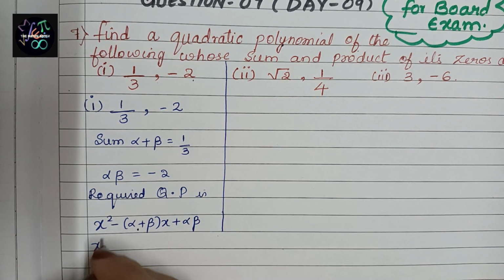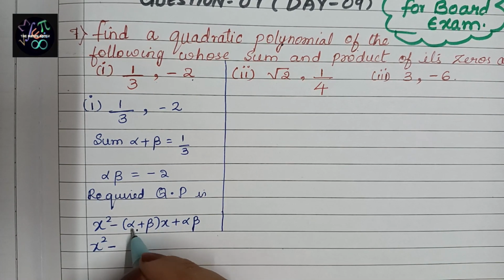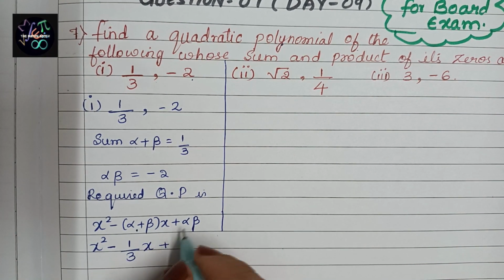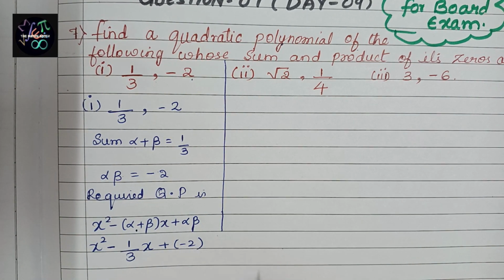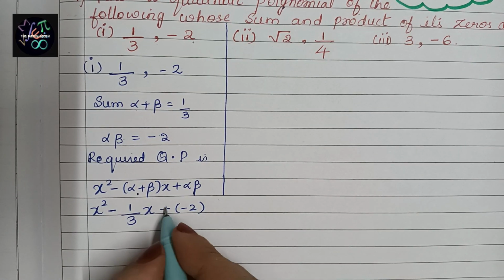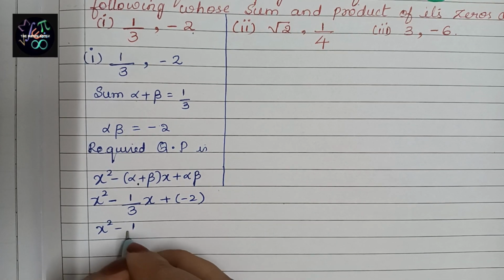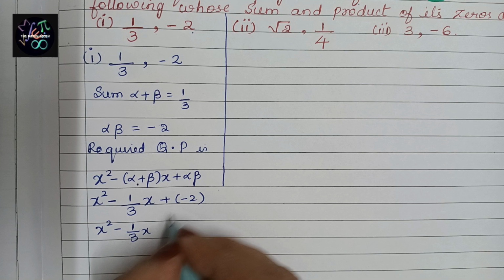X square we will keep as it is, minus sign as it is, alpha plus beta value is 1 by 3, x as it is, plus alpha beta, alpha into beta is minus 2. Let us solve this. X square minus 1 by 3 x plus minus 2.